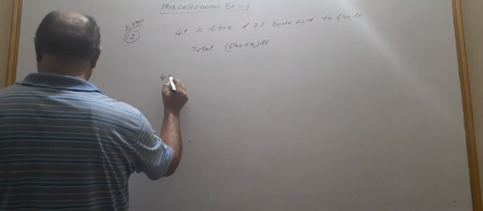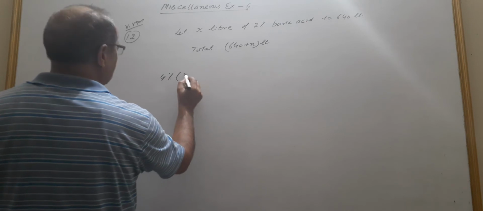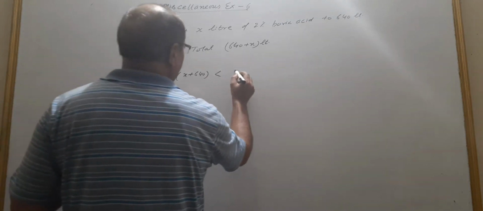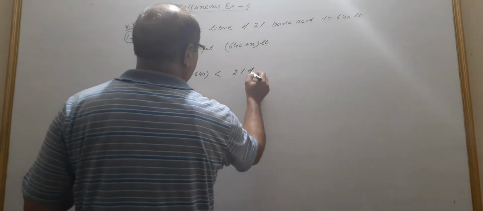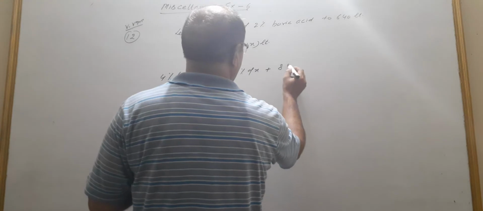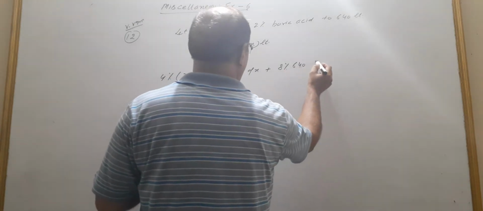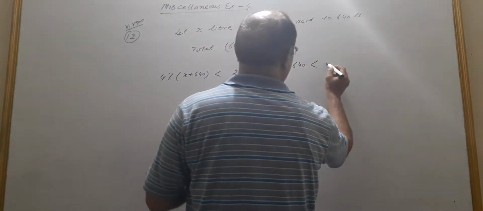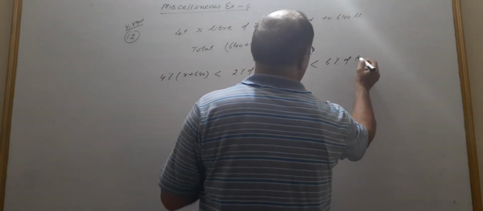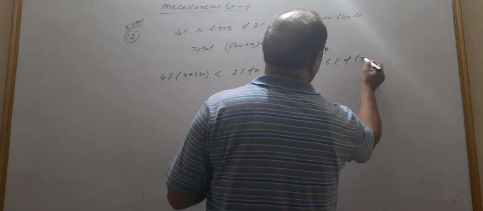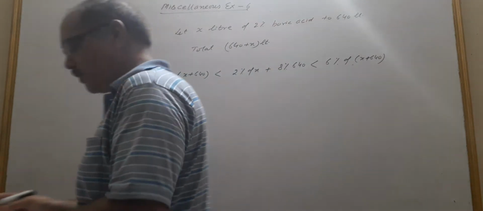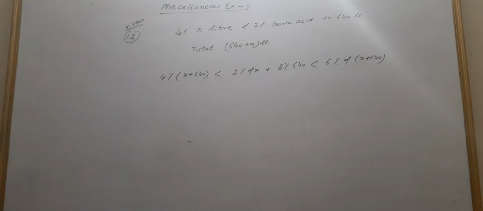So therefore, 4% of x plus 640 is less than 2% of x added to 8% of 640, and that is less than 6% of x plus 640. So this is the statement given. You have to read the statement properly and try to solve it.